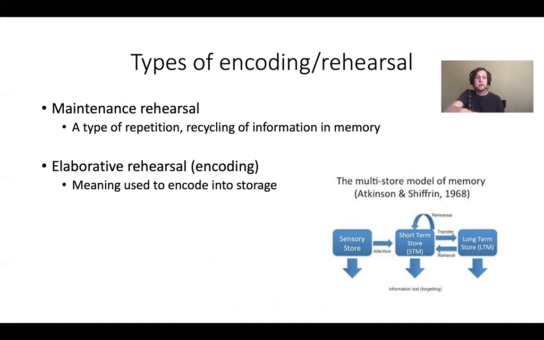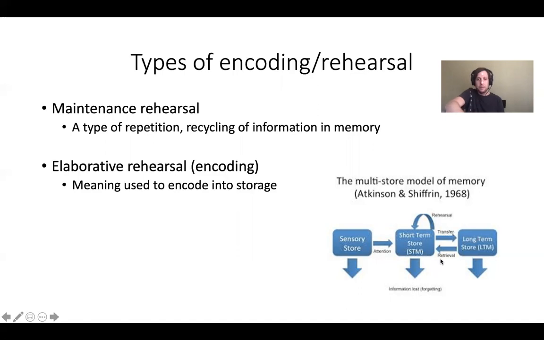The answer is yes, compared to a more superficial type of encoding strategy like whether the word is written in upper or lowercase. So the sentence condition would be an example of elaborative rehearsal. You're using the meaning of things, and that gives you a benefit of remembering those things later on. If you think about the meaning of something, it helps you to remember that thing later on.